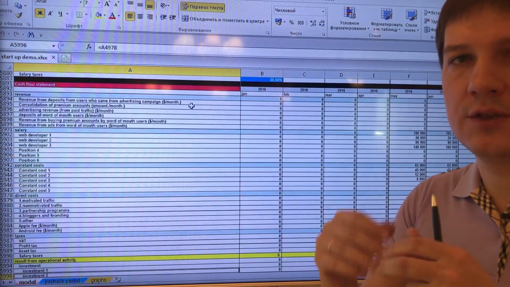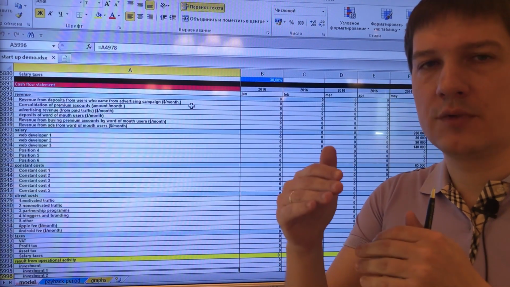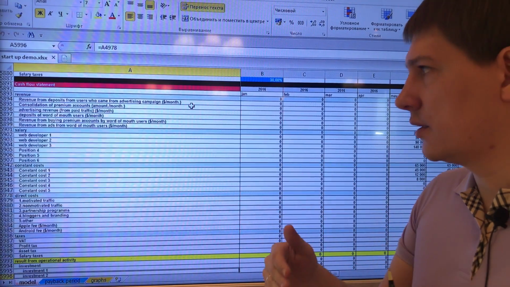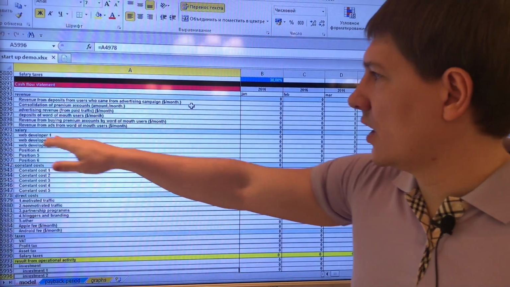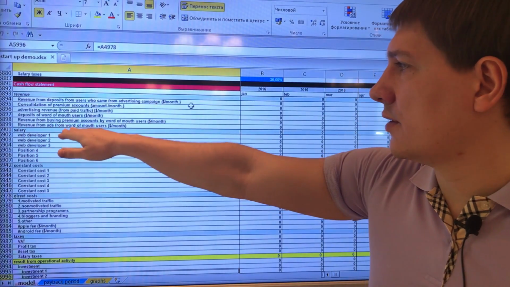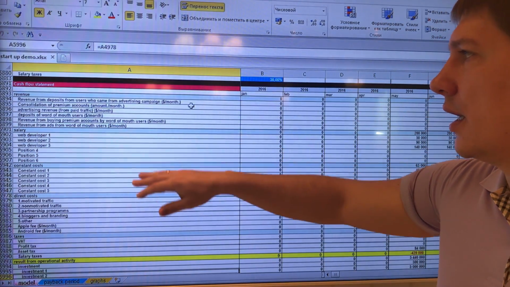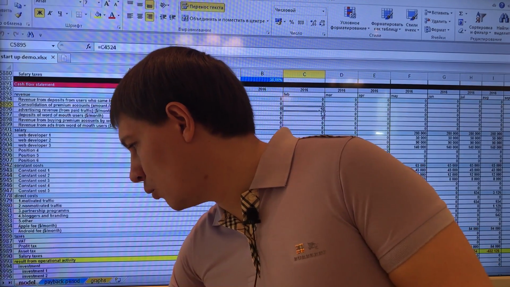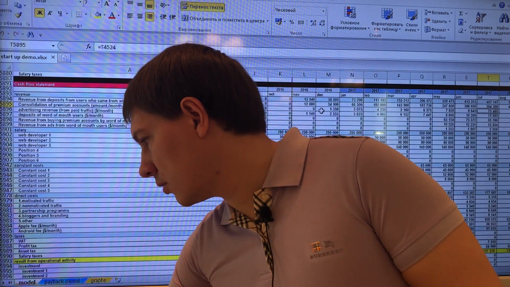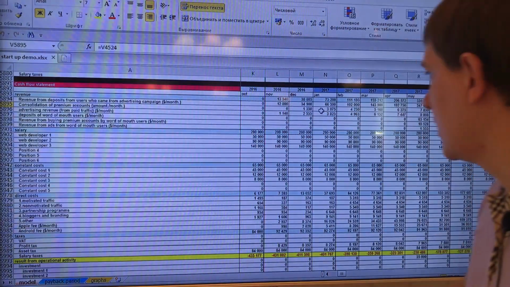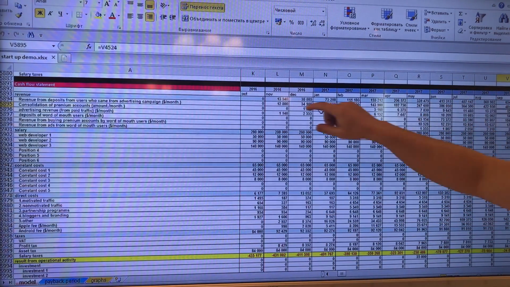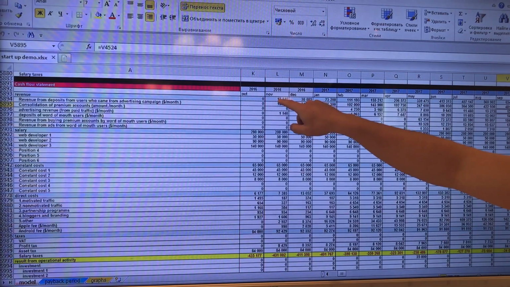So we divide our revenue into different flows of money from different types of income. Then we have revenue from ads from word-of-mouth users, and as a result we have differentiated cash flow that forms our income at the end.